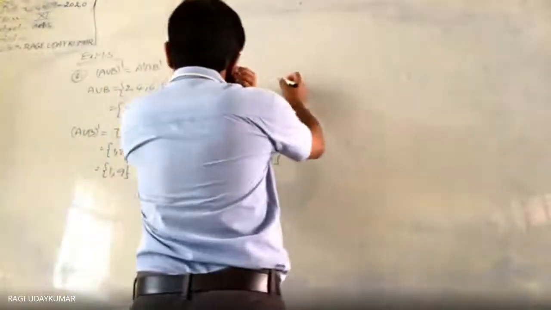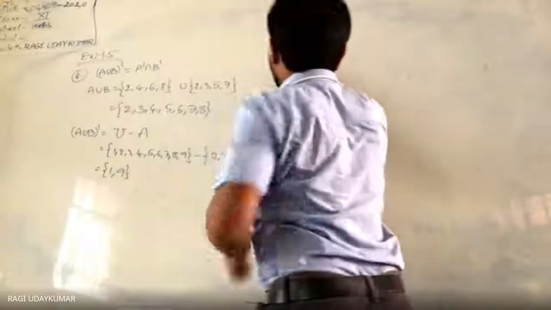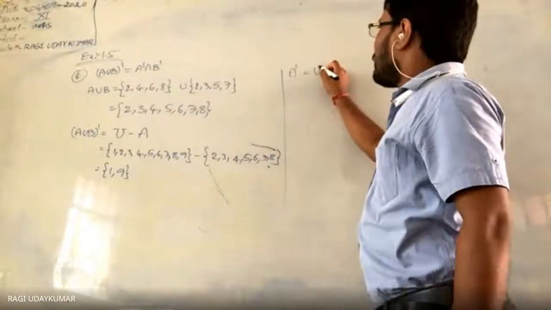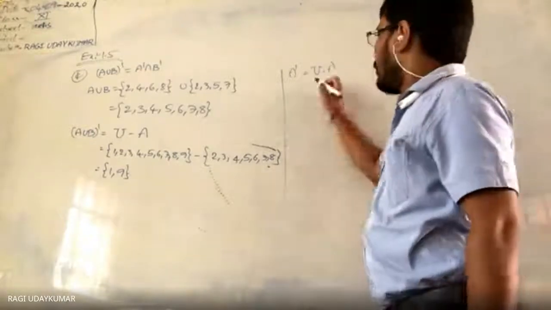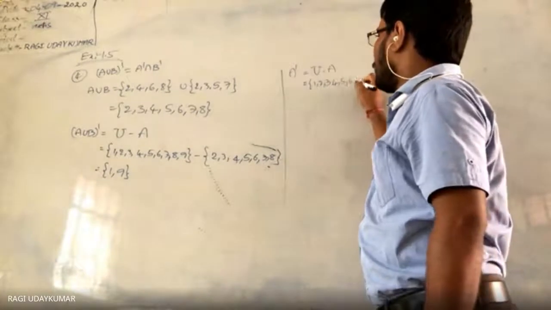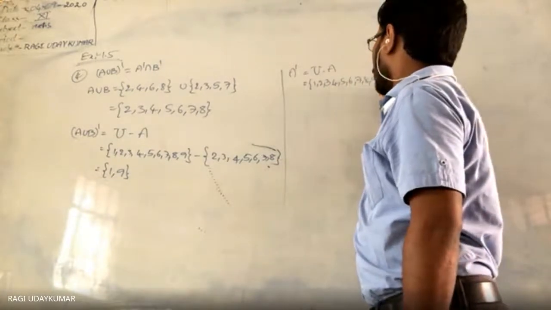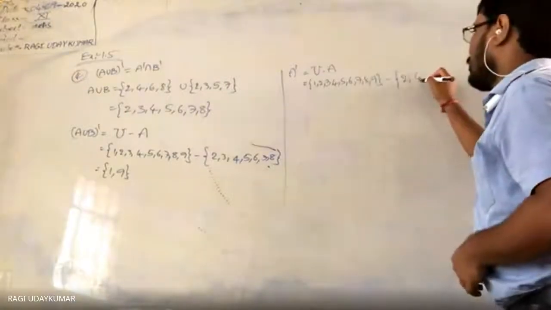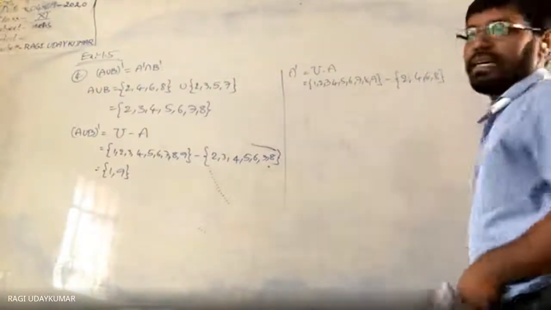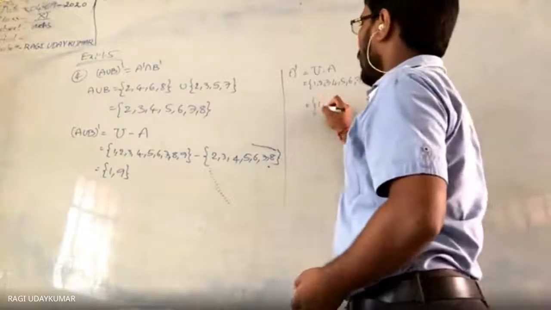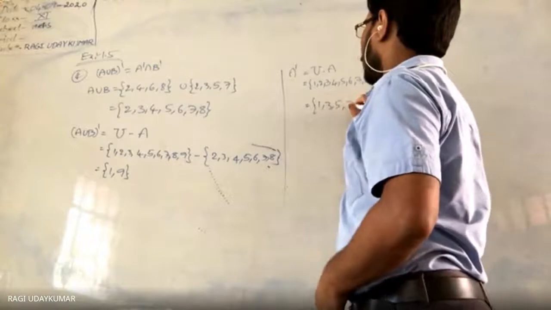For the right hand side, find A complement. A complement is nothing but U, the universal set, minus A. Universal set is 1, 2, 3, 4, 5, 6, 7, 8, 9 minus set A, which is 2, 4, 6, 8. So other than 2, 4, 6, 8, you get 1, 3, 5, 7, 9.